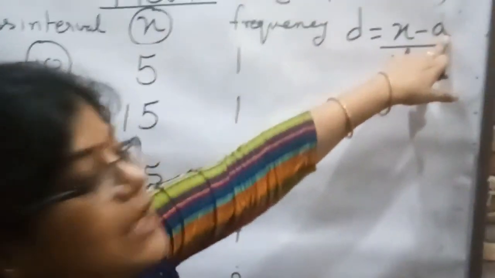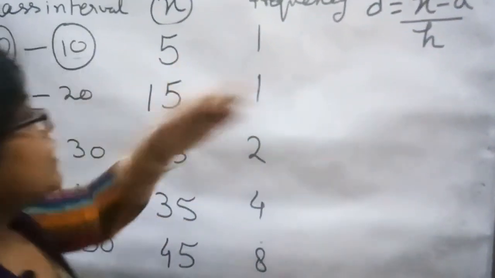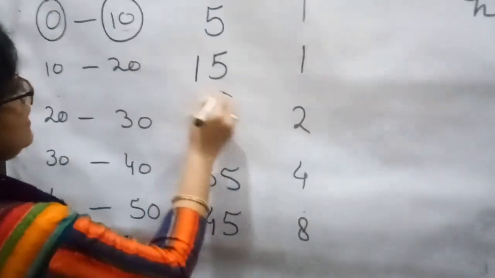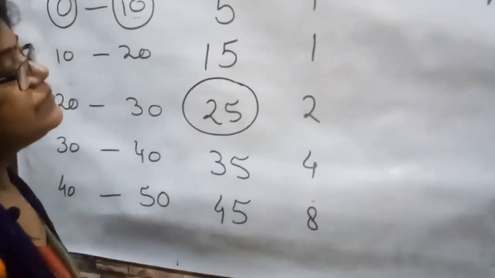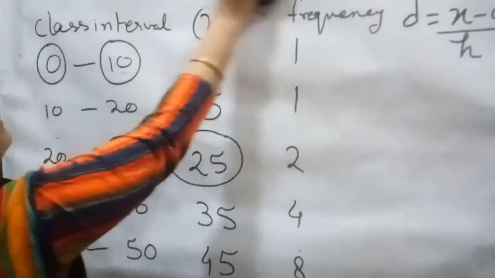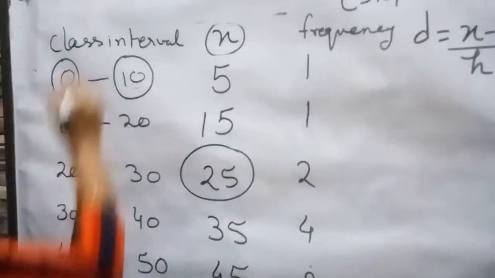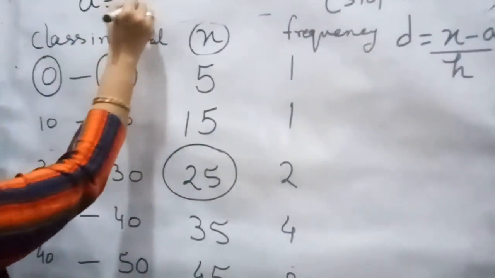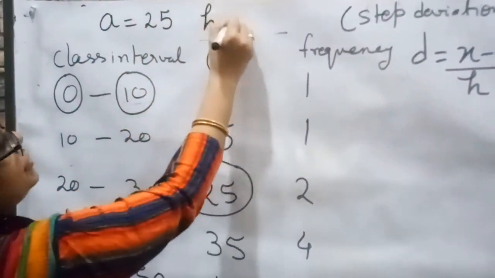A we choose arbitrarily. Whatever number we want to choose, generally we choose the middle of the terms. So here I have chosen a as 25, and what is h?